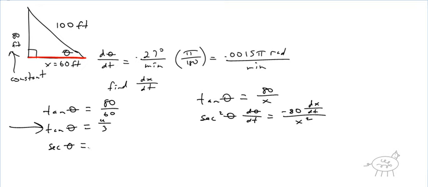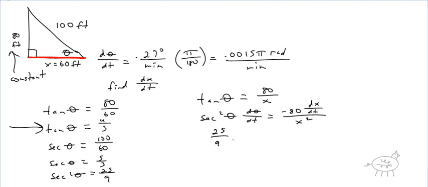So it's hypotenuse over adjacent, 100 over 60. Simplify that: secant of theta is equal to 5/3. So secant squared of theta, which is what we're going to use here, is equal to 25 over 9. That's the whole purpose, so then I can write that as 25 over 9.